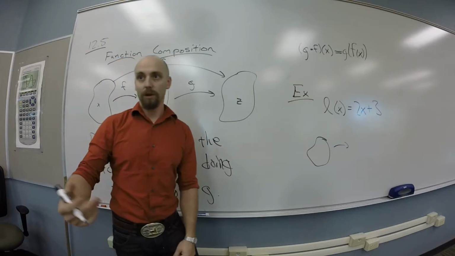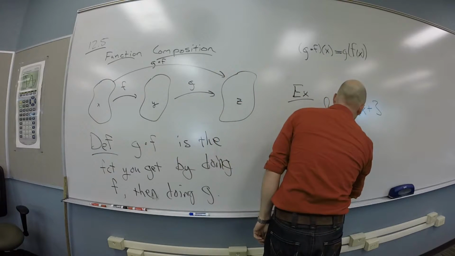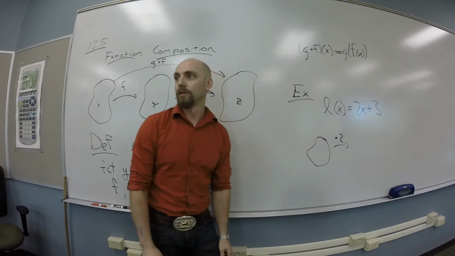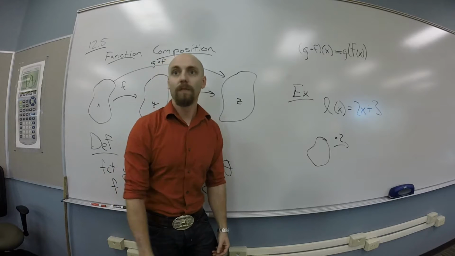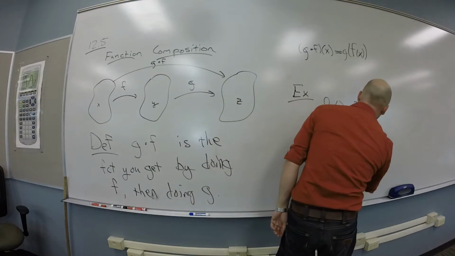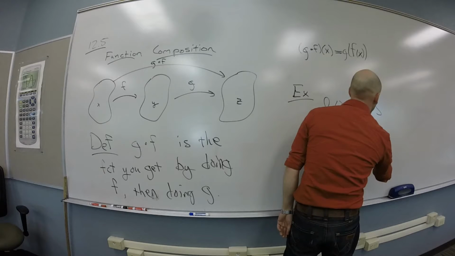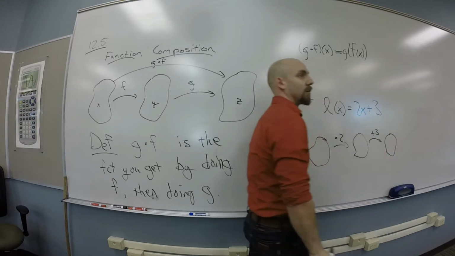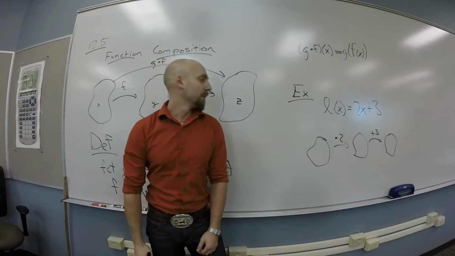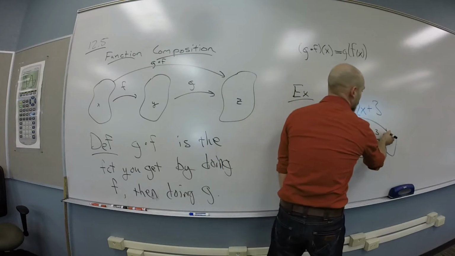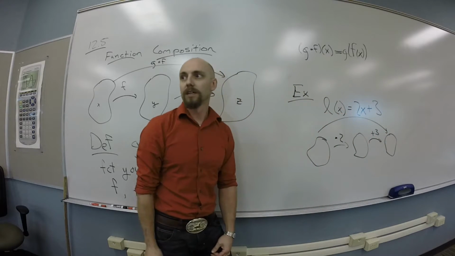We multiply by 2. So if I'm putting an x in, I multiply by 2, I get something else, then I add 3. Here's my 2x plus 3 across the top. That's my L.